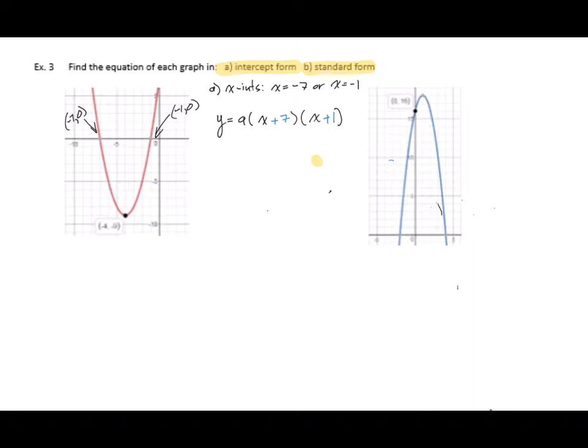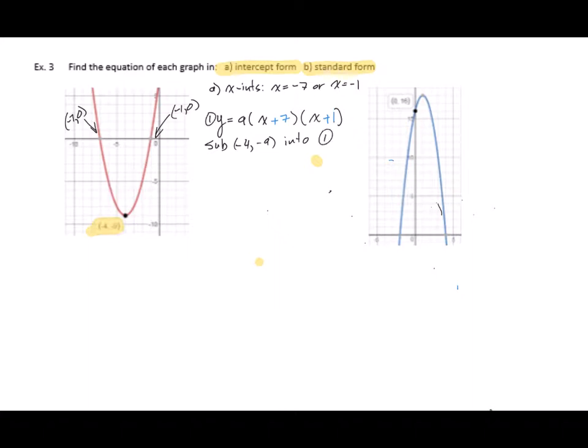we have this beautiful highlighted point here. That point is (-4, -9). Let's sub -4, -9 into, let's call that equation 1.